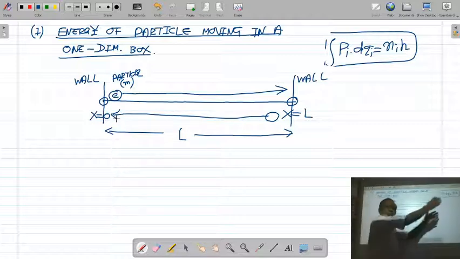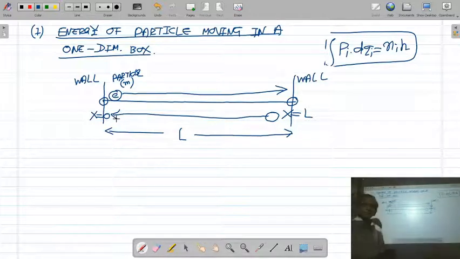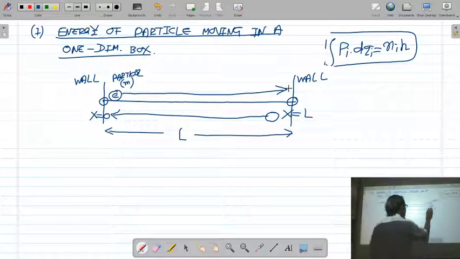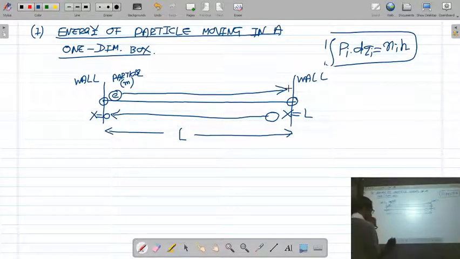This is the to and fro motion of the particle between two walls of the box. So the total distance traveled by the particle during one period is L by its to motion and again L by its fro motion. So the total distance traveled by the particle will be 2L during one period.